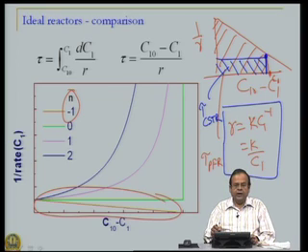But look at the kinetics now. If concentrations are low, according to this kinetics R equal to K over C1, if concentration is low, the rate is high.